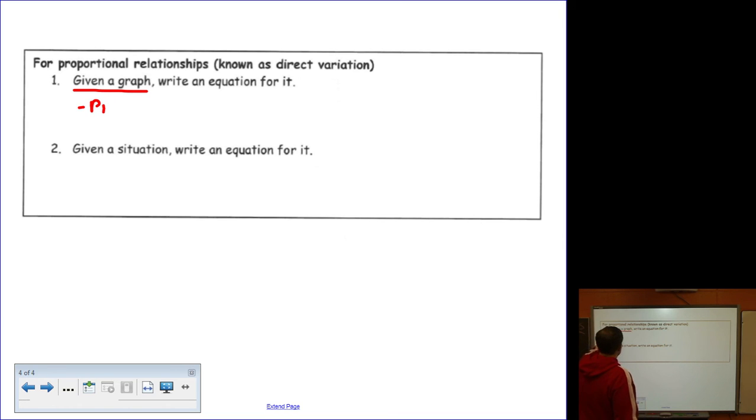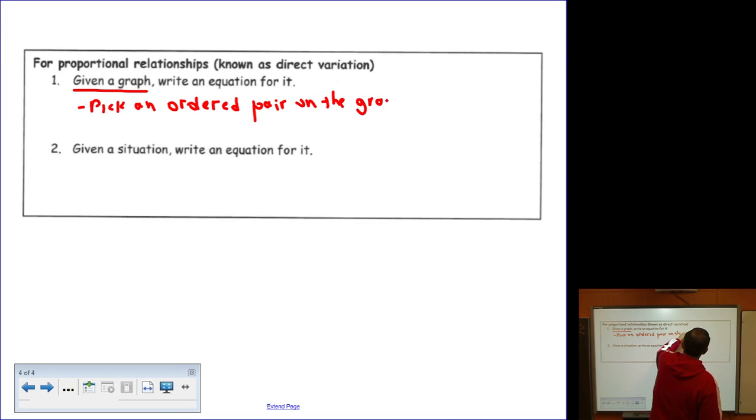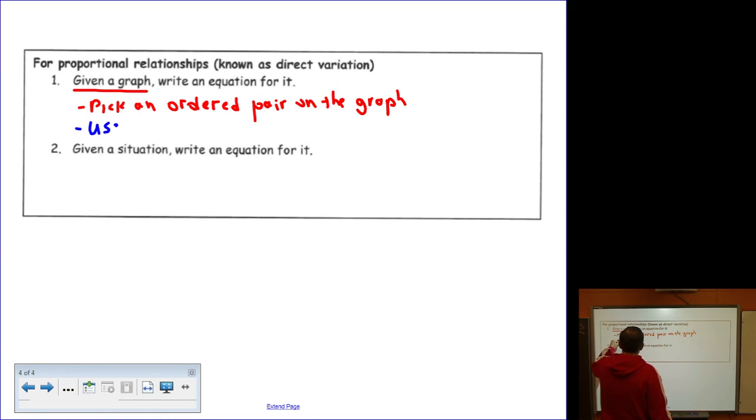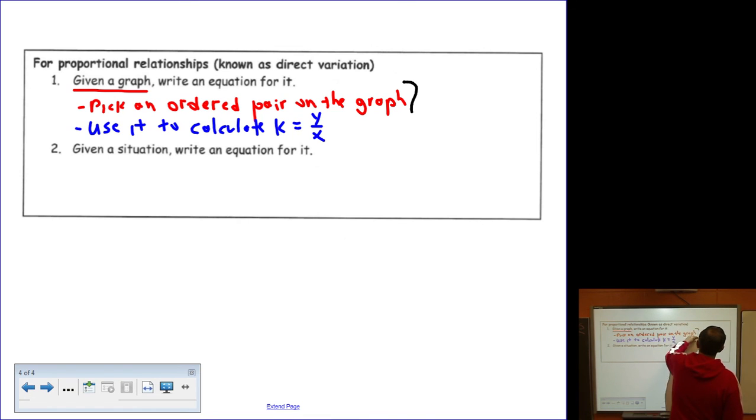So all you do is pick an ordered pair on the graph, use it to calculate k, because k is equal to y over x. And once you do those two things, then you can go ahead and write the equation.